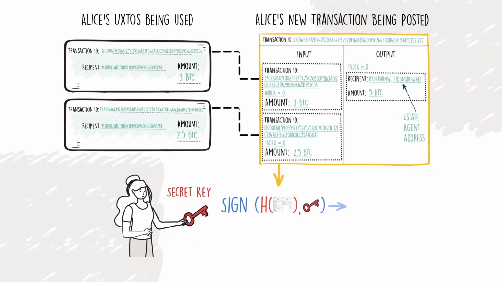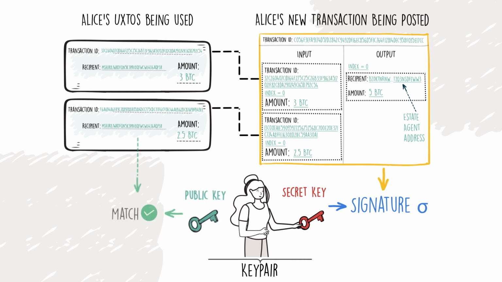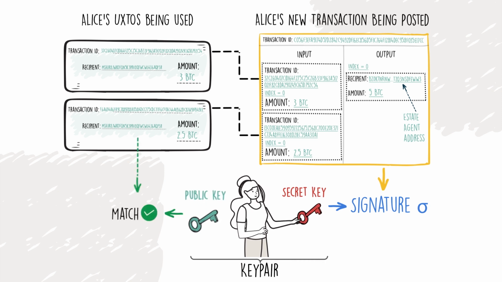Well, one of the things I didn't mention is that when you issue a transaction, Alice needs to use her secret key to sign the transaction. This step verifies that the UTXO she is using as input, or the funding source if you like, really does belong to Alice because she has the secret key.